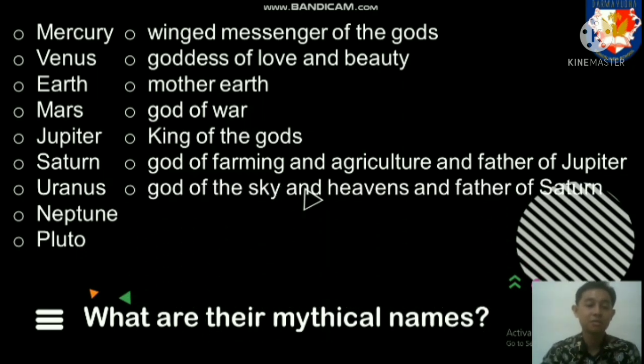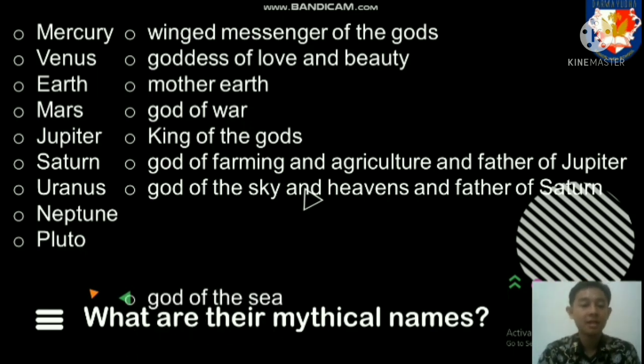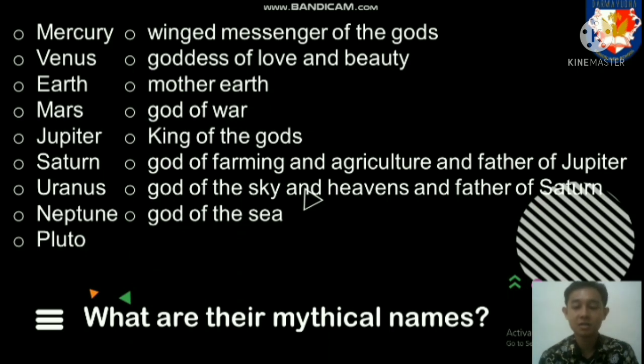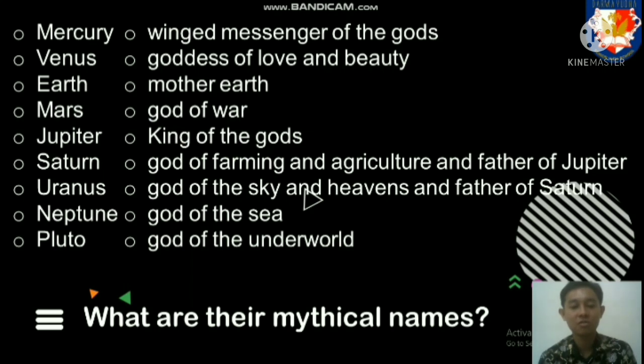And then the next one, Uranus here, god of the sky and heavens and father of Saturn. And then Neptune here, god of the sea. And then the last one, Pluto, god of the underworld.